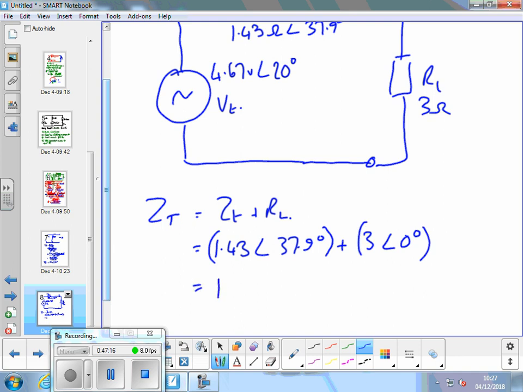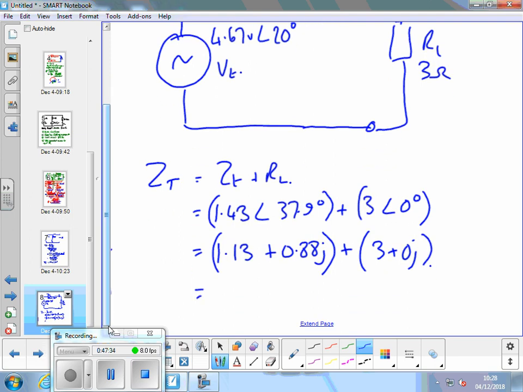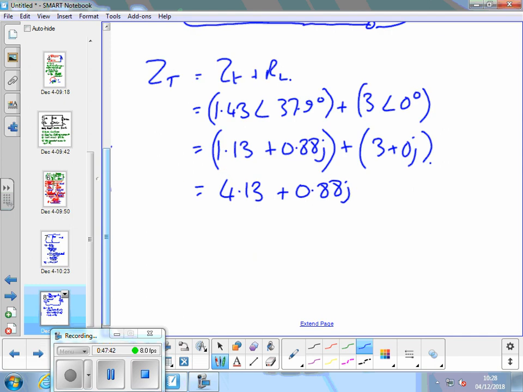Rectangular form is the best way to do that, so I'll convert them: 1.13 plus 0.88J. Add the 3 plus 0J. Gives 4.13 plus 0.88J. Convert that to 4.22 ohms, angle 12 degrees.